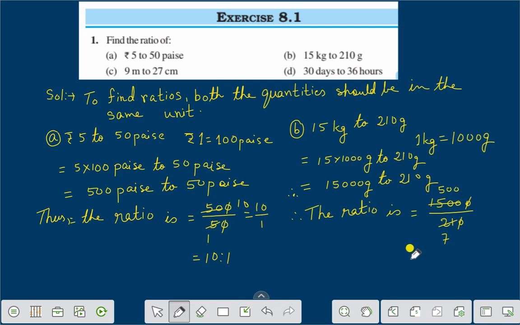Therefore, the ratio we are getting is 500 is to 7, right?